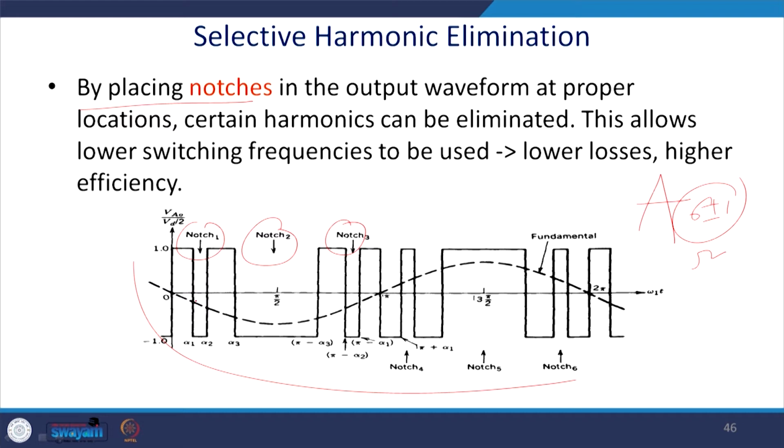In the same way, a particular harmonic will be eliminated from the system, and thus you generate a particular tune. Same way, you can eliminate the unwanted harmonic here. In the output waveform at the proper location, certain harmonics can be eliminated.